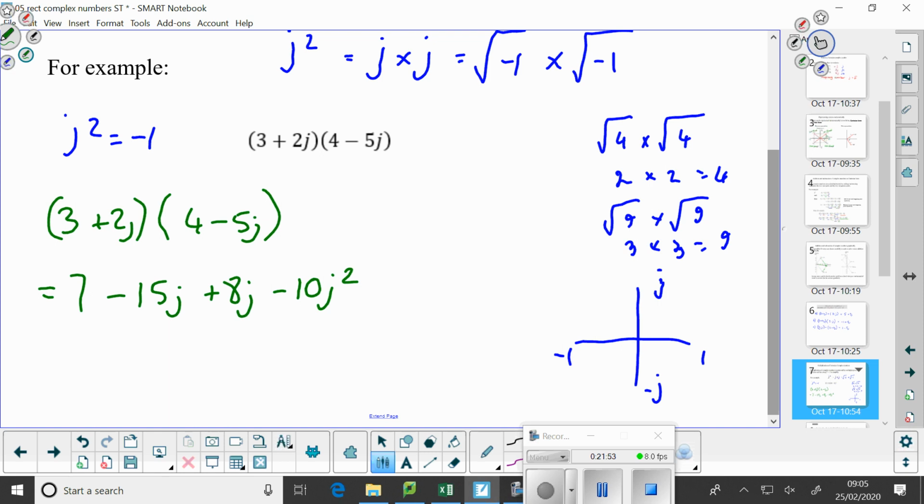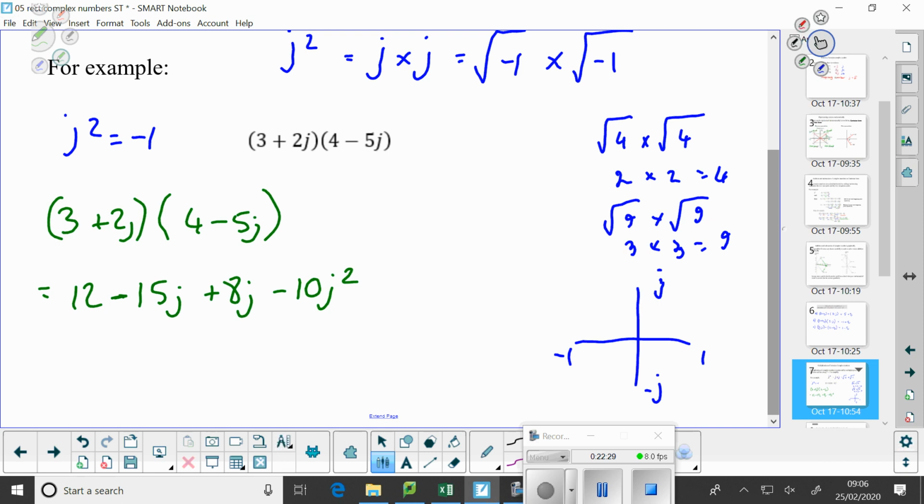So we'll multiply out the brackets. Well, 3 times 4 is 12. 3 times minus 5 is minus 15. 2 times 4 is 8j. 2j times minus 5j, 2 times minus 5, minus 10 times j squared.